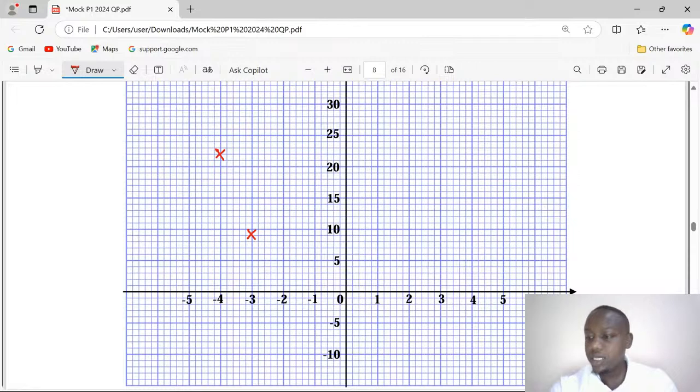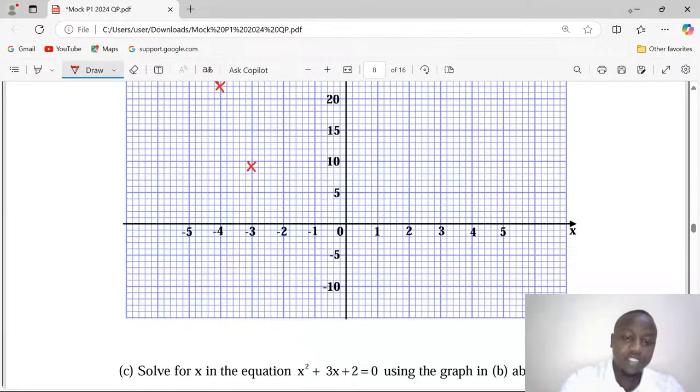That is the point. Then -2, 0. So -2, 0 will be found here. Then -1, -5. Then at 0, we have -6, like that.